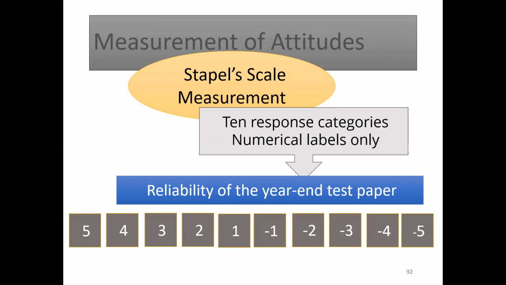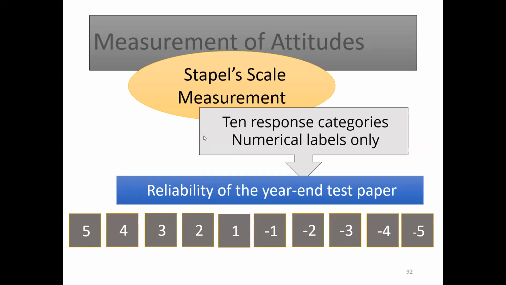Teachers can rate whether they agree very well, selecting 5, or disagree, selecting -5. In between, selecting any other.